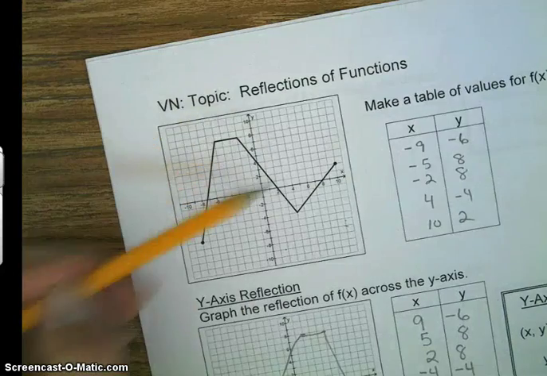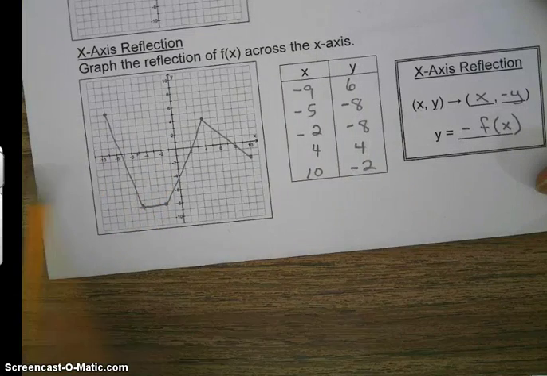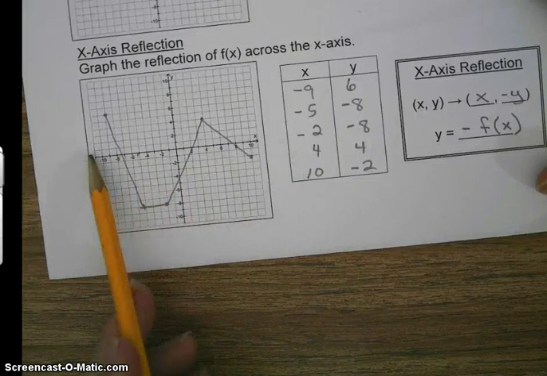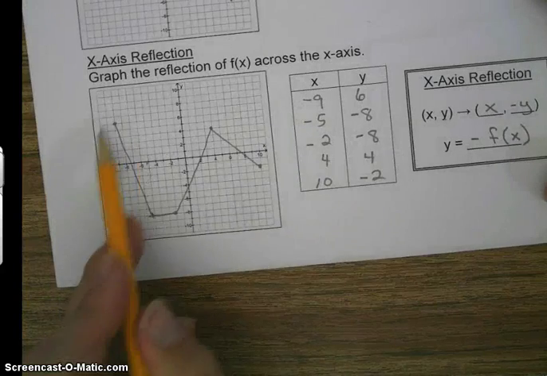Okay, notice this portion on the top is now below. It reflected over the x-axis. This portion on the bottom, everything that was below, is now on top.